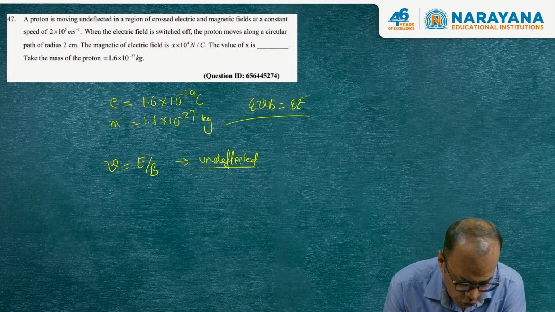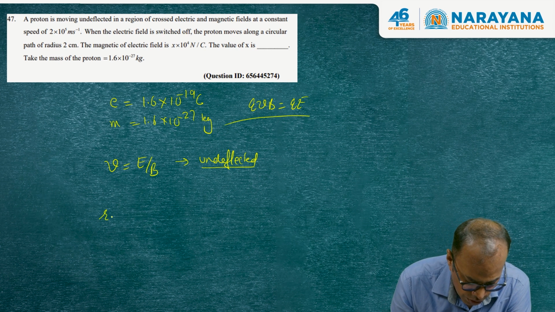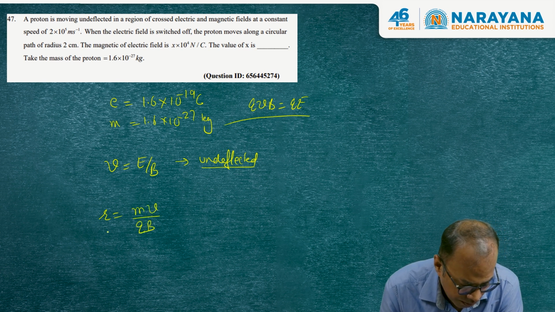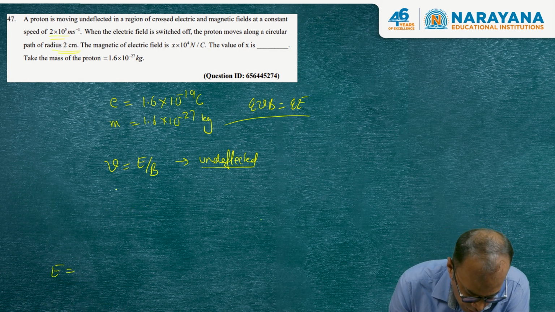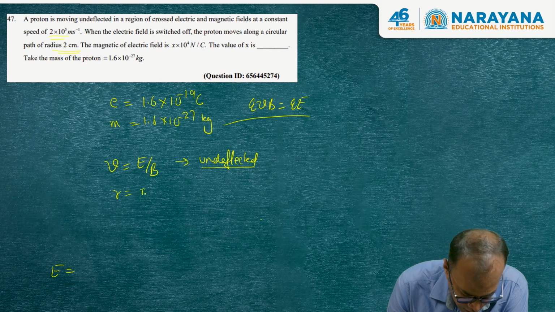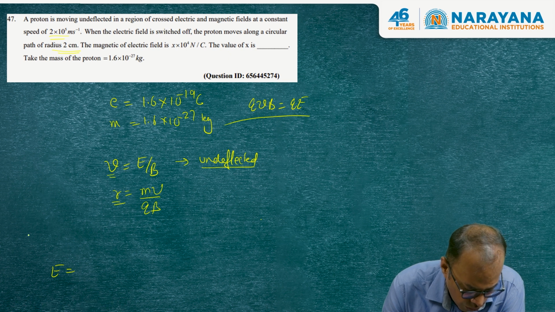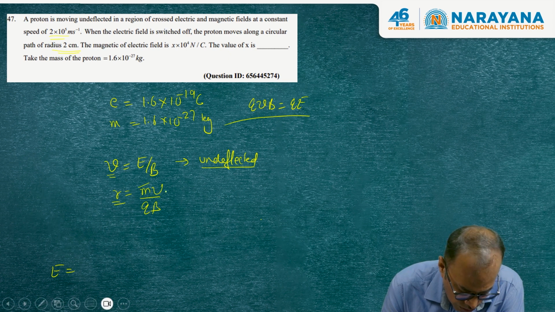Now the electric field is switched off. As the electric field is switched off, it will move in a circle of radius r. So V is E by B and R is mV by QB. I know R, V, mass and charge.